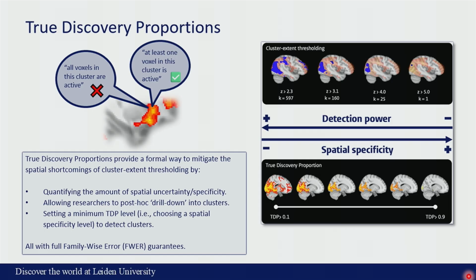So true discovery proportions provide a formal way of mitigating that spatial shortcoming. And so TDP is a way to quantify the amount of spatial uncertainty. So for instance, we can say at least 60% of the voxels in this or that cluster are active. And so this allows researchers to drill down into certain clusters and find out with more certainty where the signal originates from.